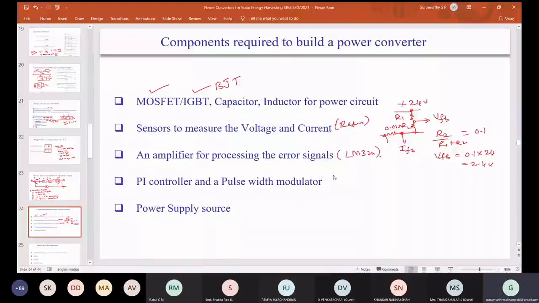These are all very simple and most popular ICs. Then the power source, whatever power supply source, you can have some voltage power supply. Okay, so these are the components required to build the power converter.